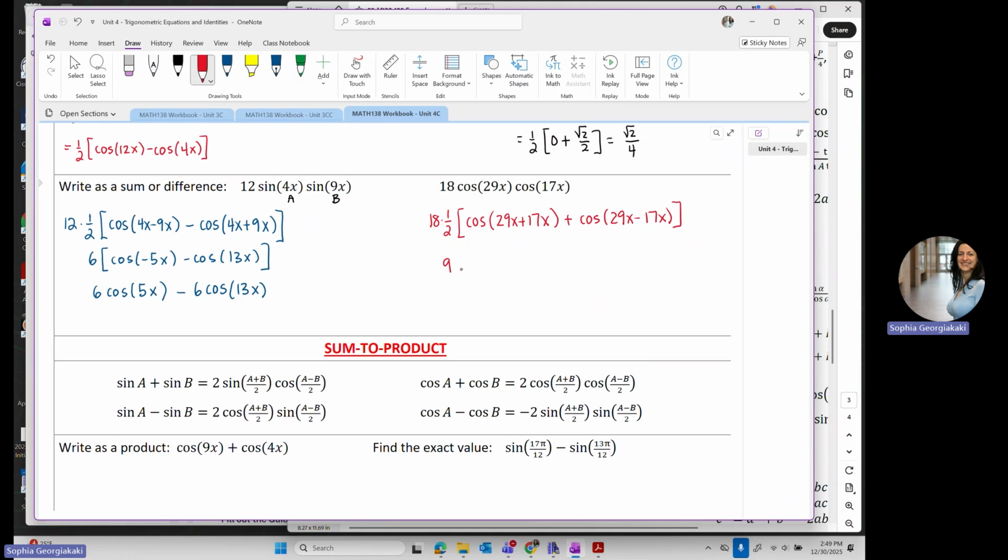And if I distribute, 9 times the cosine of 46x plus 9 times the cosine of 12x.